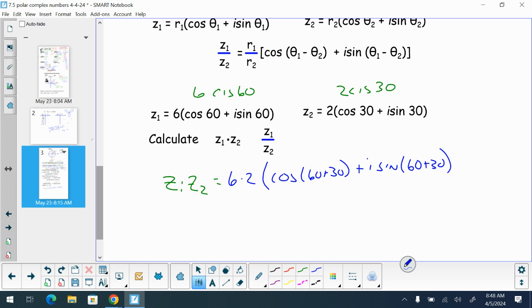So you have 6 times 2 cosine 60 plus 30 plus I sine 60 plus 30. So we're left with 12 cosine 90 plus I sine of 90 degrees.